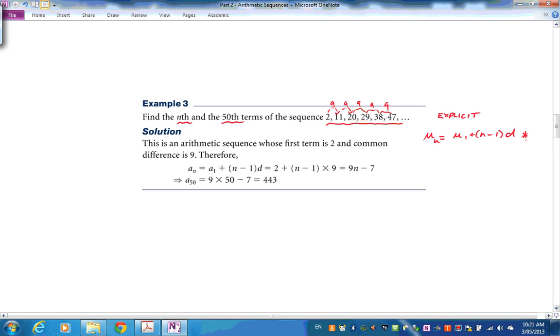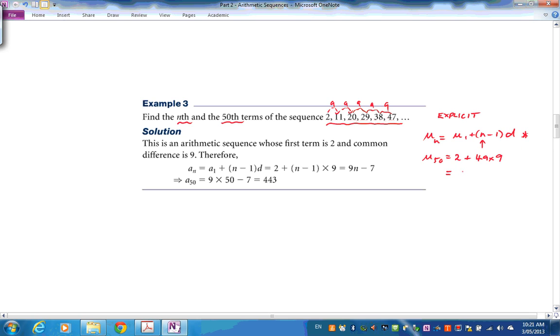The 50th term, okay, u50 is u1, the first term, plus 49, because we want the 50th term, so 1 less lot of d added, and the difference is 9. And if you do that, what do we get here?